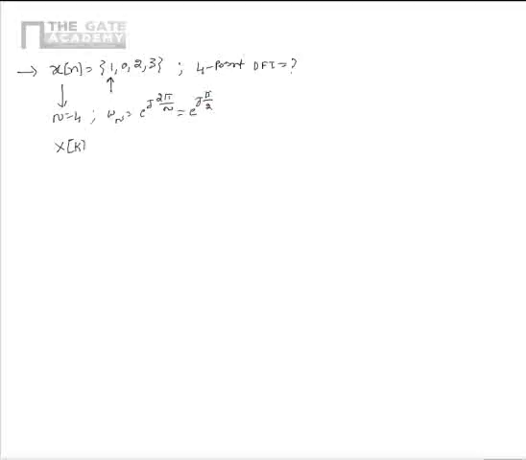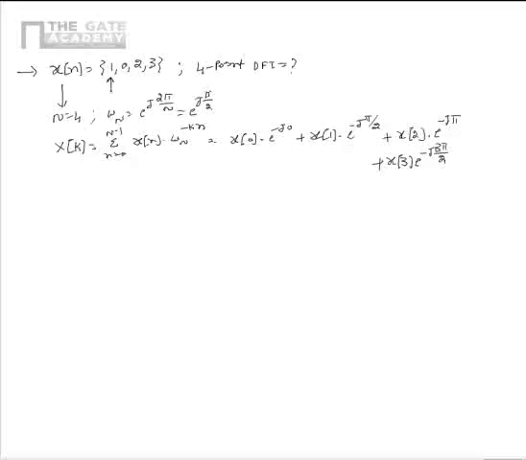From this, the 4-point DFT can be written as x of k is equal to sigma n equal to 0 to n minus 1 x of n multiplied by omega n power minus kn, which can be simplified as x of 0 multiplied by e power minus j0 plus x of 1 multiplied by e power minus j pi by 2 plus x of 2 multiplied by e power minus j pi plus x of 3 multiplied by e power minus j 3 pi by 2.